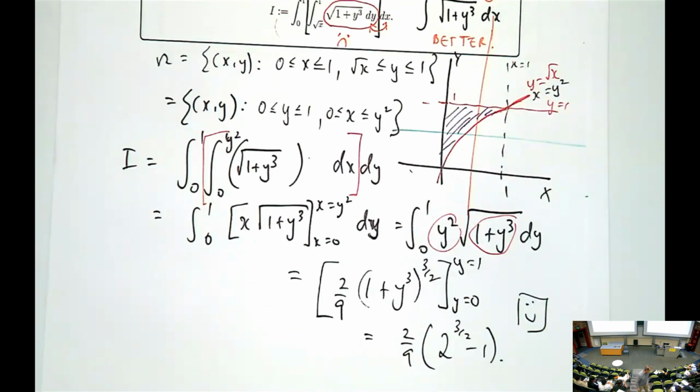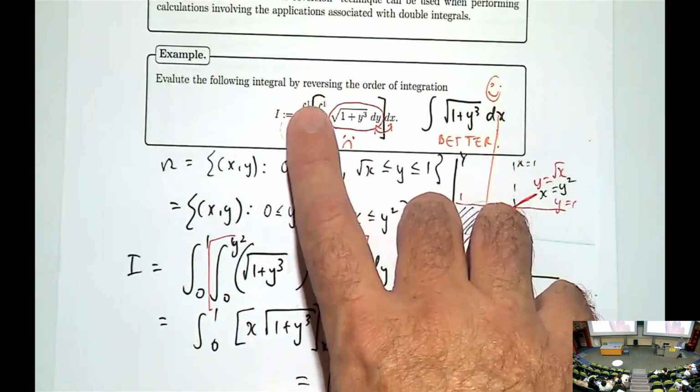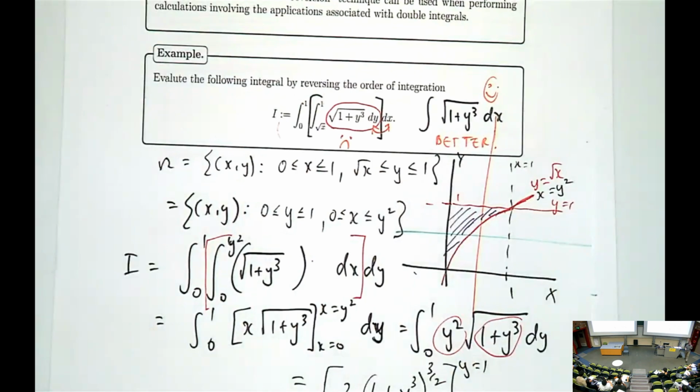Could you please re-explain why 0 is less than or equal to y is less than or equal to 1? And also this part. So usually when we set these double integrals up, there's constants on the outside, otherwise it's not going to give you a number. You'd call this a definite double integral because you want a number as the answer.